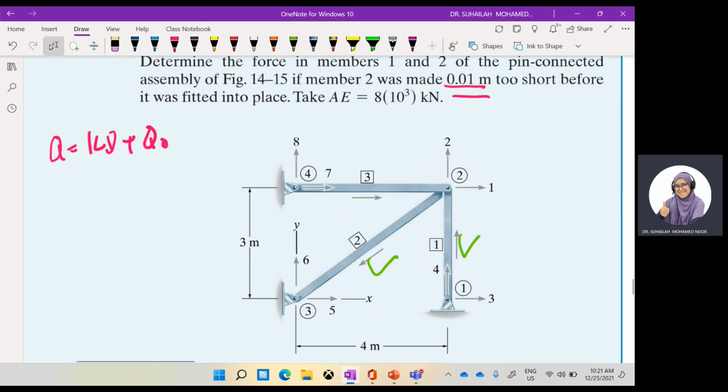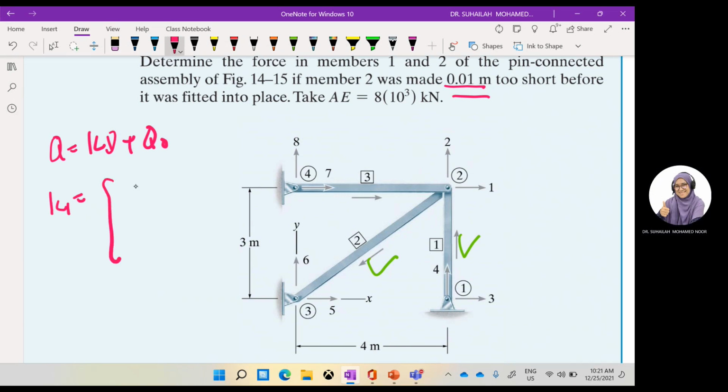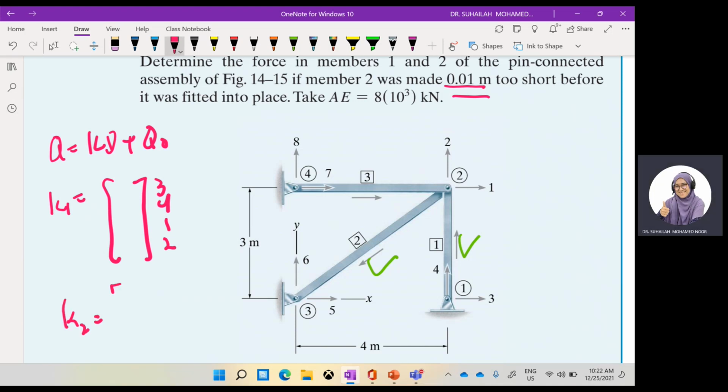For K1 we get label 3412, for K2 we get 1256, and for K3 we get 7812.